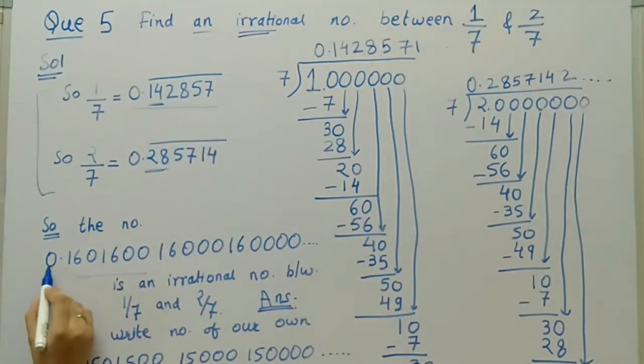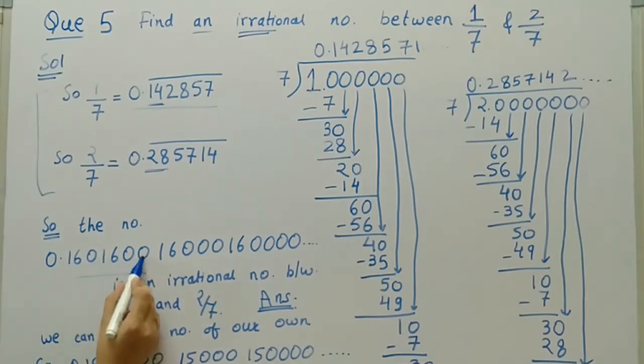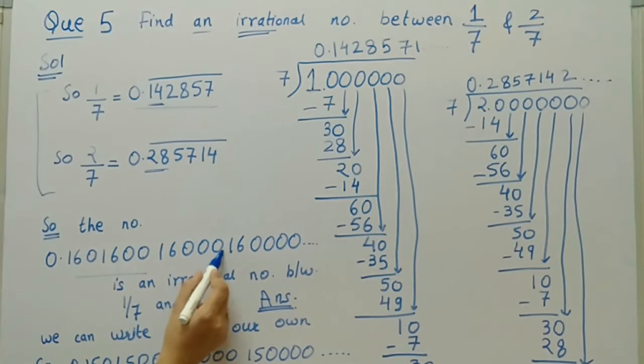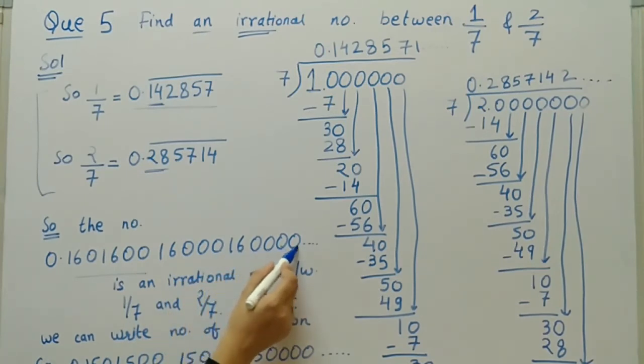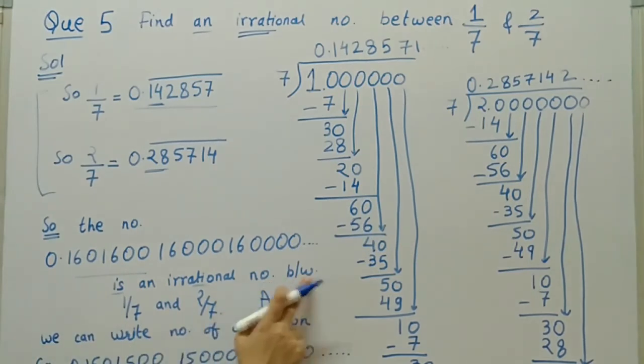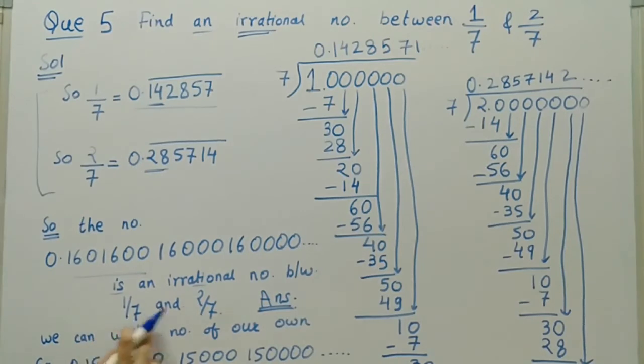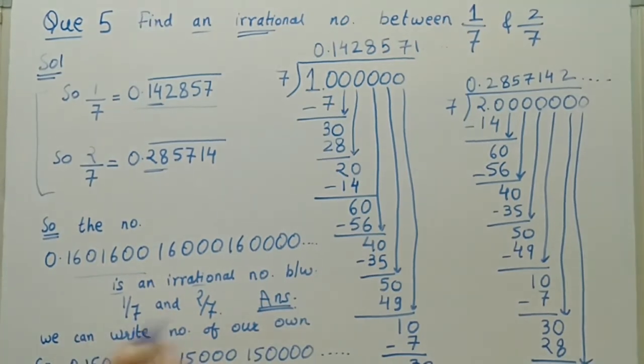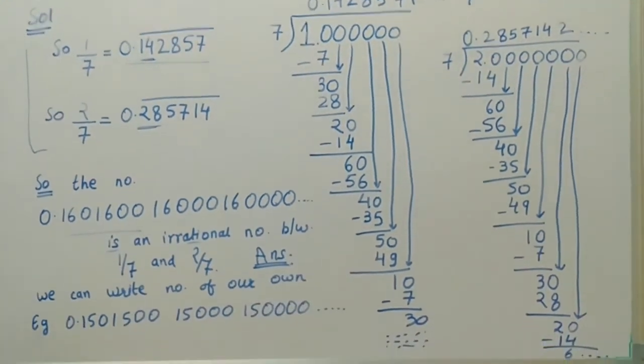We can write like this: 0.160, 1600, 16000, 1600000. So this will be an irrational number which lie between 1 by 7 and 2 by 7. So this is our answer.